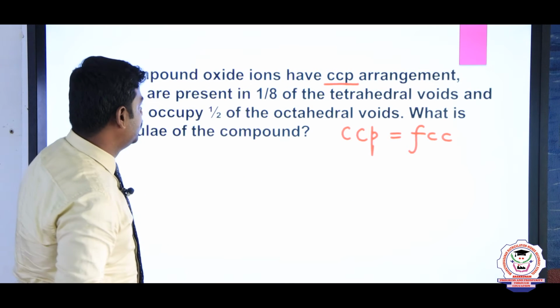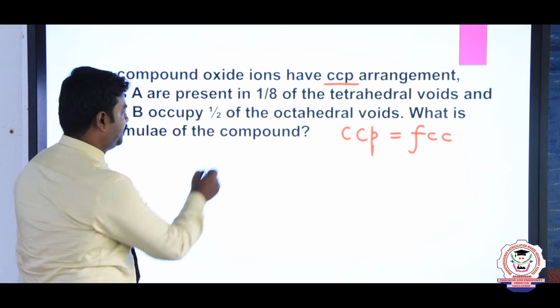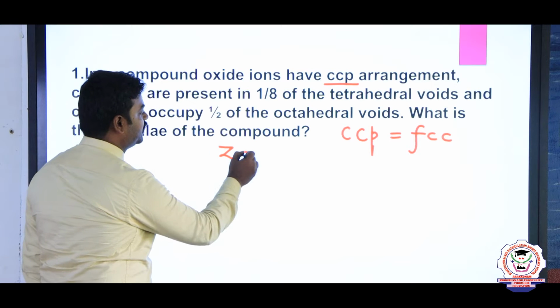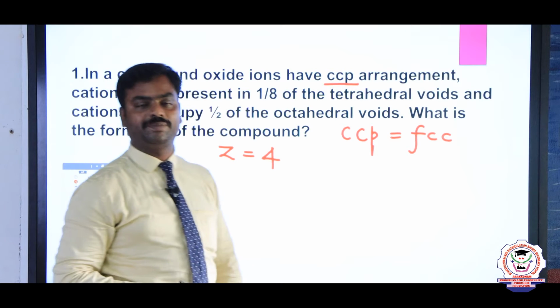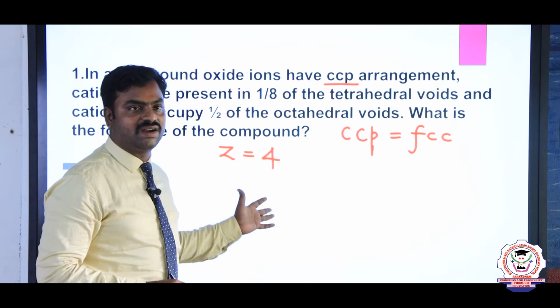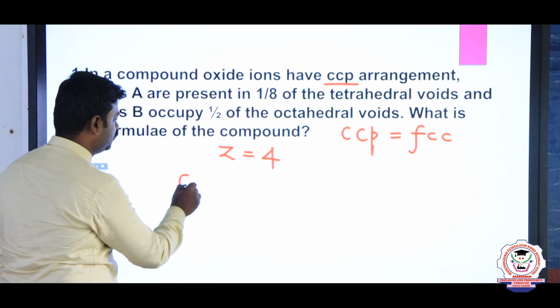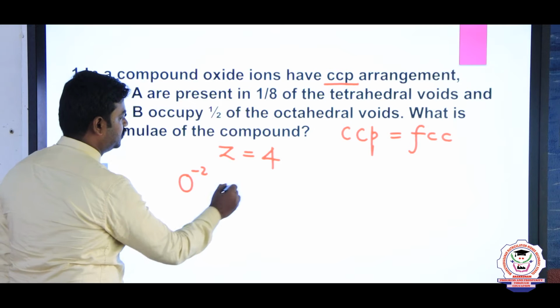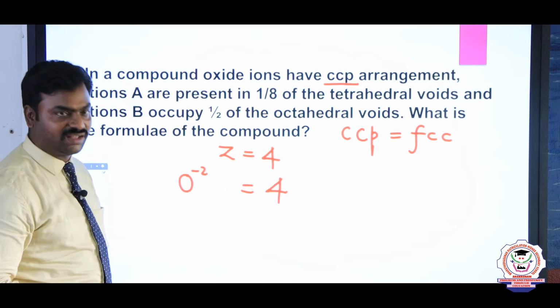Now, what about the number of atoms per unit cell in FCC? That Z value is equal to 4. They say oxide ions occupy the FCC unit cell. So, number of oxide ions in a unit cell is 4. So, O minus 2 is equal to 4.